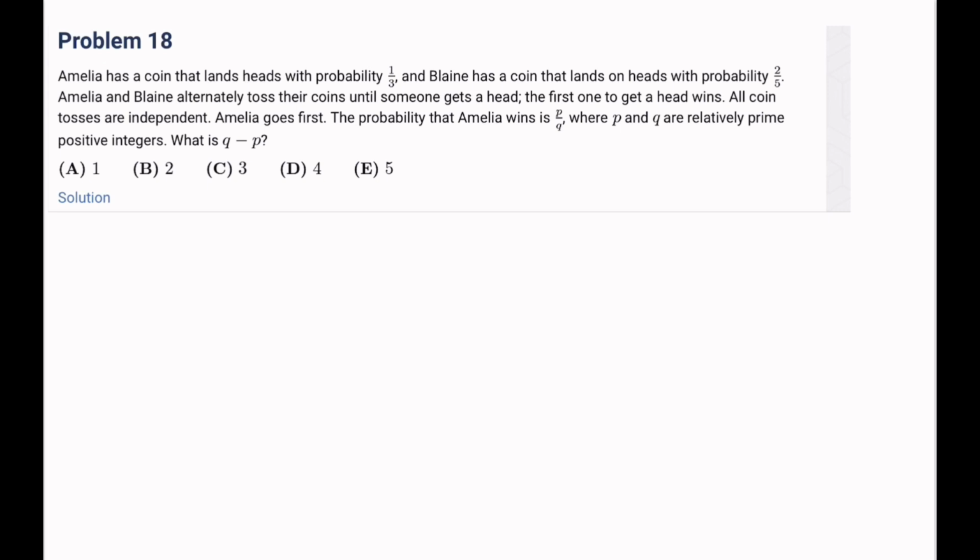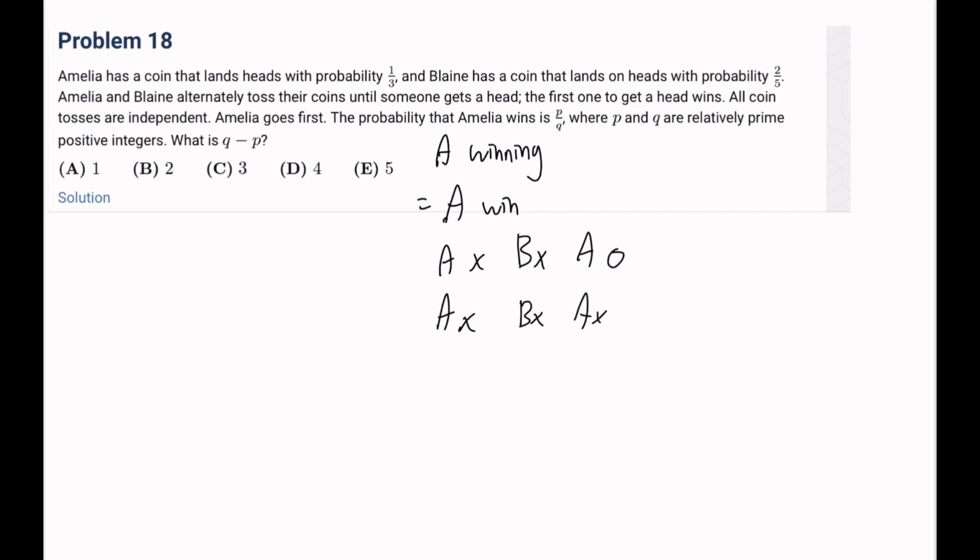Okay, so Amelia wins at the first round, or Amelia not winning, then Blaine not winning, and then Amelia winning, or Amelia not winning, Blaine not winning, Amelia not winning, Blaine not winning, and Amelia winning, like that, right? And so if we put those into numbers, getting a head wins, right?